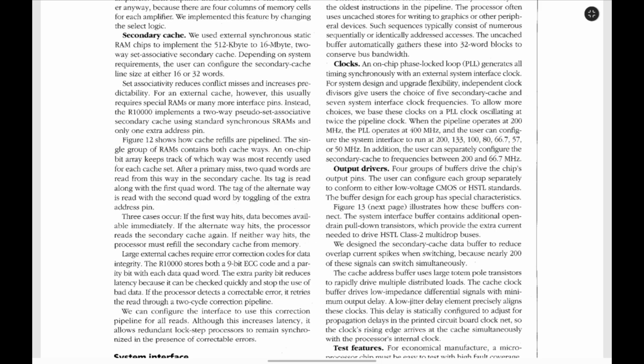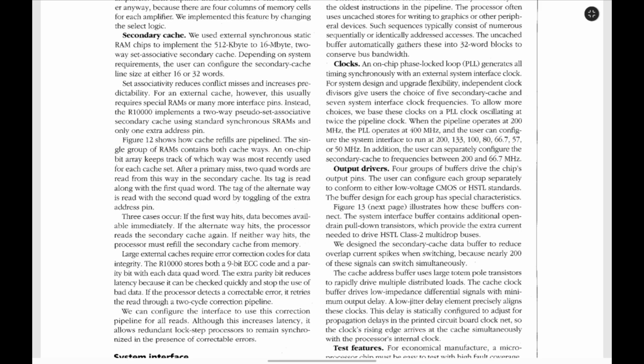To allow more choices, we based these clocks on a PLL clock oscillating at twice the pipeline clock. When the pipeline operates at 200 MHz and the PLL operates at 400 MHz, the user can configure the system interface to run at 200, 133, 100, 80, 66.7, 57 or 50 MHz.